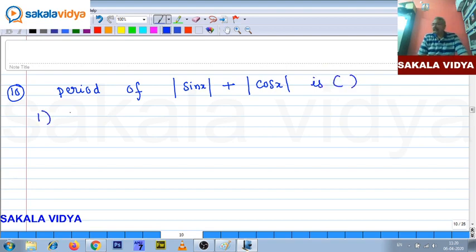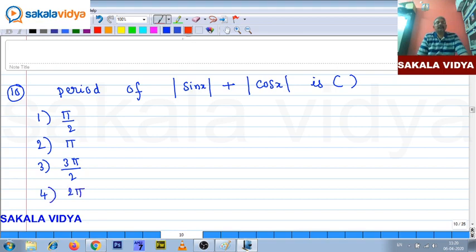First option is pi by 2, second option is pi, third one is 3 pi by 2, fourth one is 2 pi.